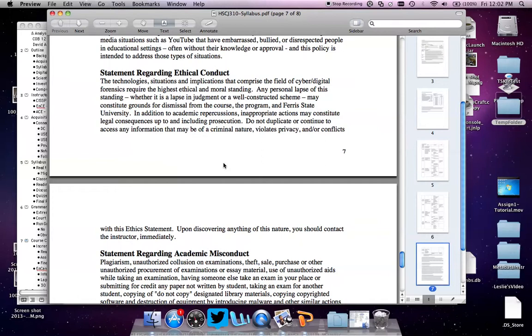If you are actually participating in those items, you may be subject to criminal prosecution for anything illegal, and you would also be subject to any infractions or discipline that Ferris would want to associate with that as well. I cannot stress the need for a strong moral center enough in this particular class and in this particular field.